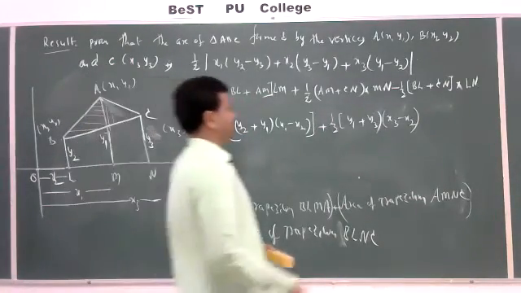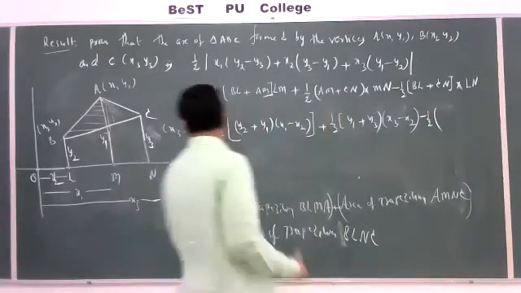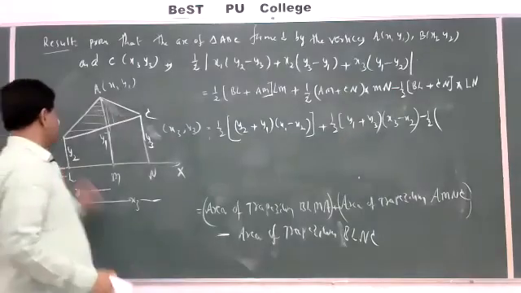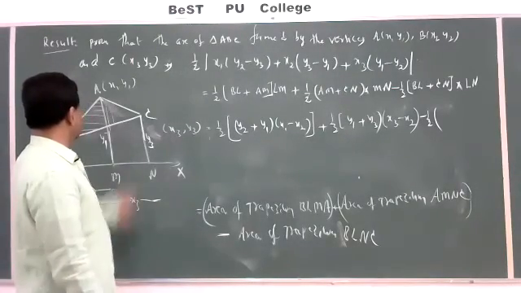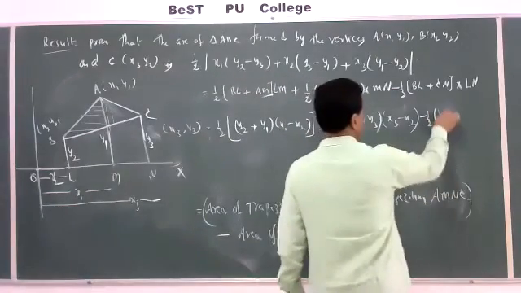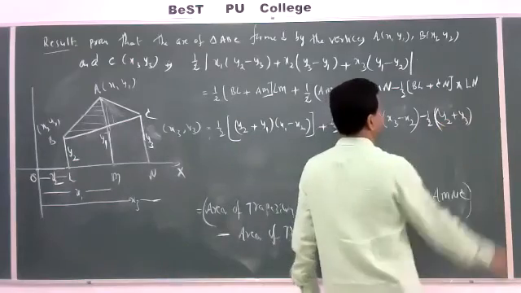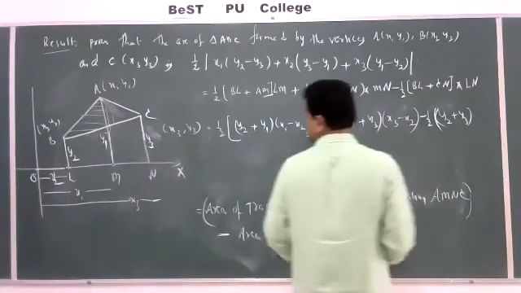Minus 1 by 2 into BL, once again y2, and CN, which is y3, so y2 plus y3, into LN.